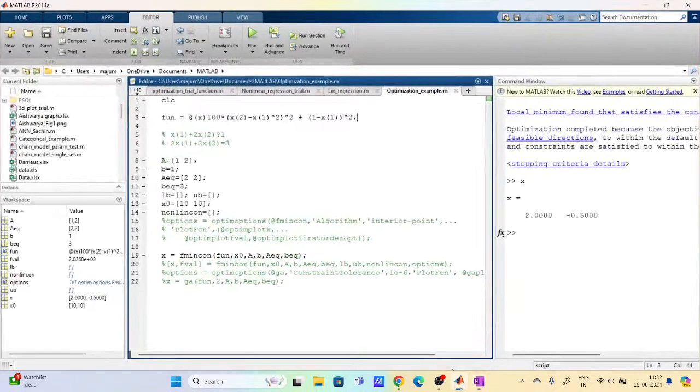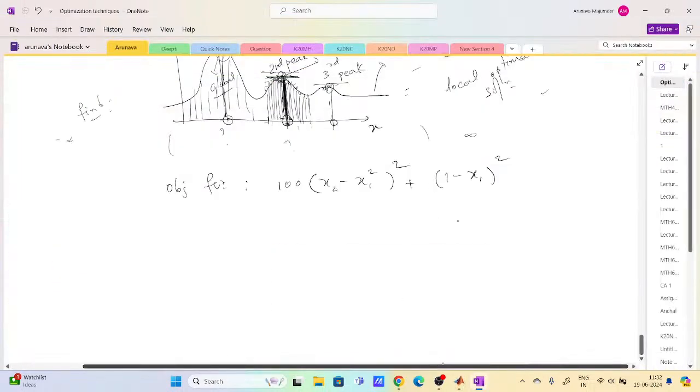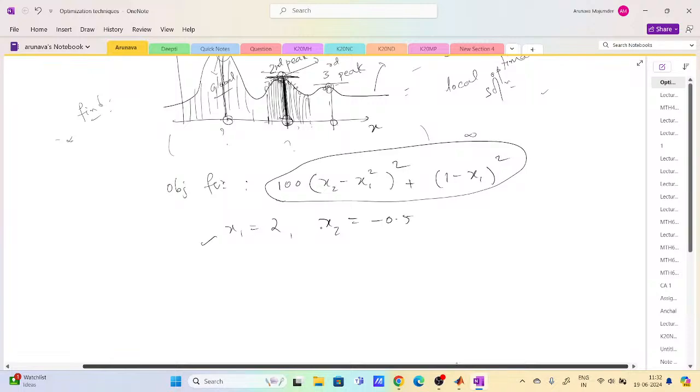Here we get x1 equal to 2 and x2 equal to minus 0.5. Now I am asking what the value of this function is based on these two values.